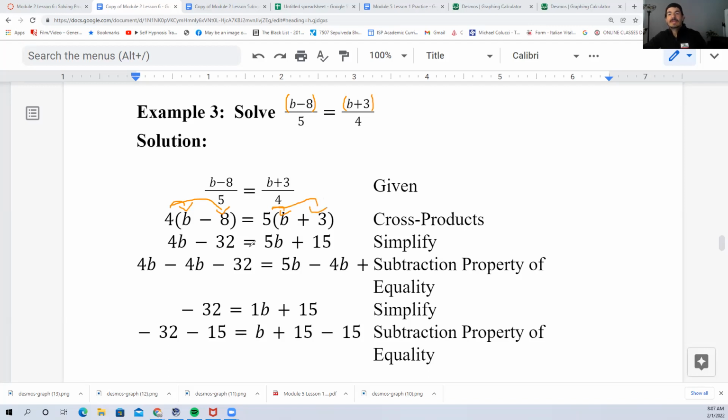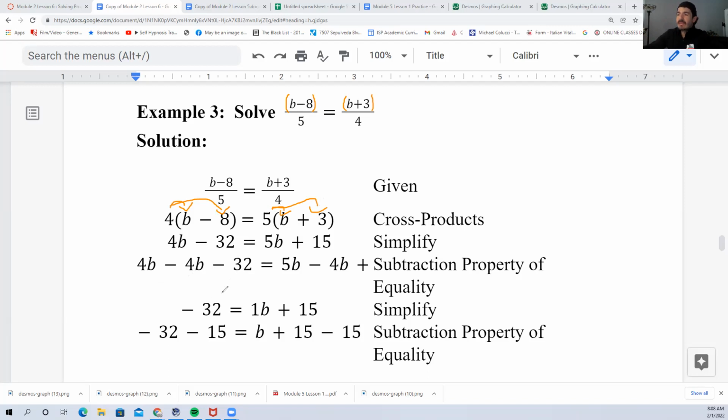And then this becomes a multi-step algebraic equation problem with an unknown on either side of the equal sign. And we've done that earlier in the module. So they're subtracting 4b from both sides.